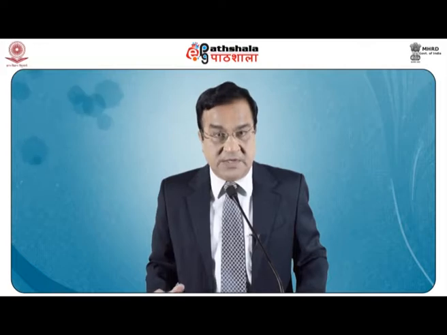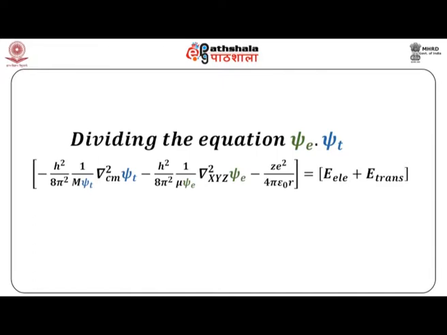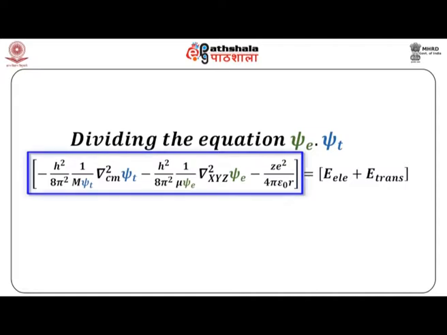In this way, if we make some modifications in these equations, ultimately you get an equation: minus h square upon 8 pi square m, where m is the total mass, because this is the mass which is acting at the center of mass, psi t, the translational wave function, then del square CM, because this is the del square in terms of the center of mass coordinates, psi t, minus h square upon 8 pi square mu, where mu is the reduced mass, then psi e, the electronic wave function, and del E square.